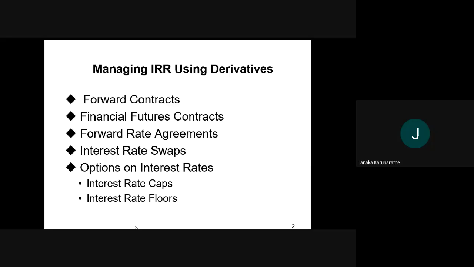Within options there may be different options like interest rate options, and within swaps there may be interest rate swaps, foreign exchange swaps. So there are a lot of categories of financial derivatives.